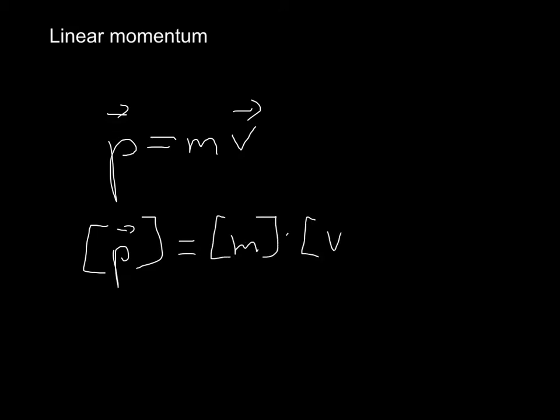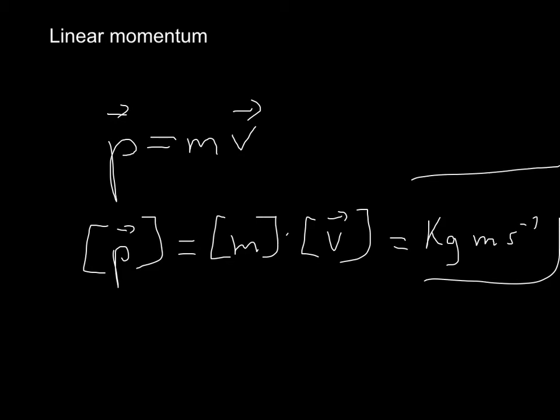And remember, this little point means multiplication. Sometimes I will use this instead of a cross because crosses look like X's. So when we do physics, we normally use a point for multiplication, but never mind. Anyway, the units of mass are kilograms and the units of velocity are meters second to the minus 1. So these are the units of momentum: kilograms times meters times second to the minus 1.